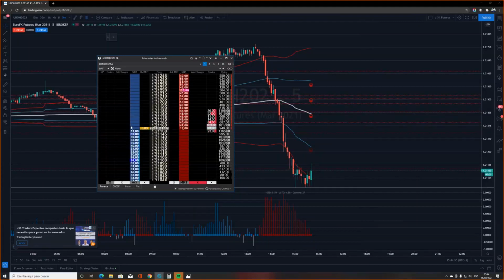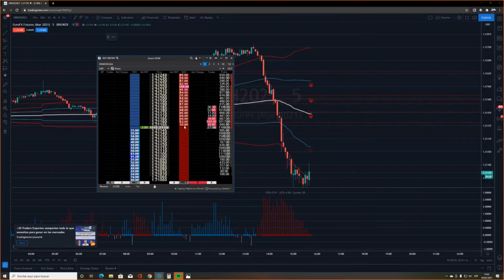In this case, we are looking at the euro. And you can actually become a market maker just by putting in a pending order. Once you put in a pending order, you become a market maker. When you buy or sell at market price as an instant order, let's call it that way, you become a market taker.